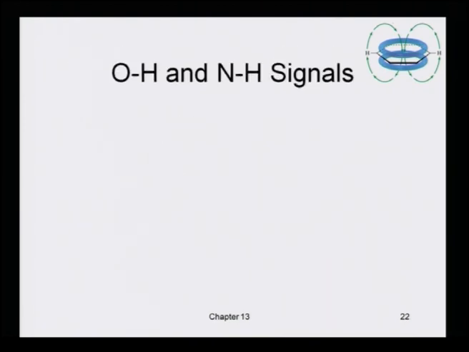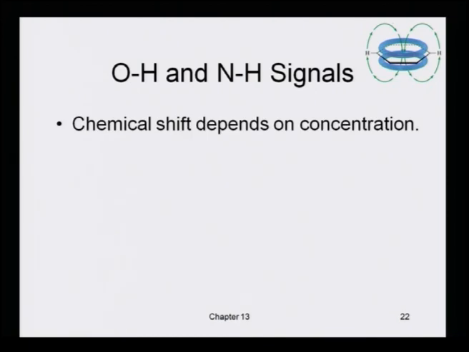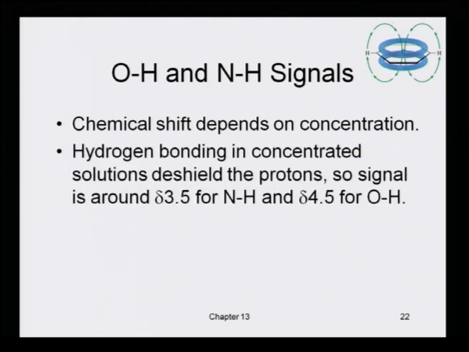So, these OH and NH signals are very typical cases where the chemical shift depends on the concentration. Hydrogen bonding in concentrated solution deshields the proton. So, signals are seen around delta value 3.5 for NH and 4.5 for OH.